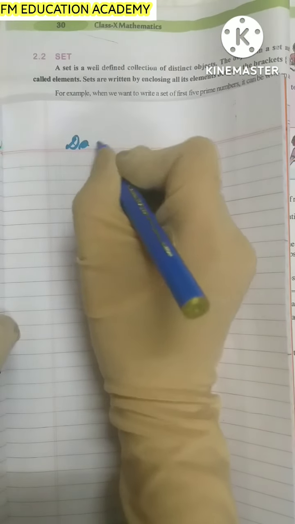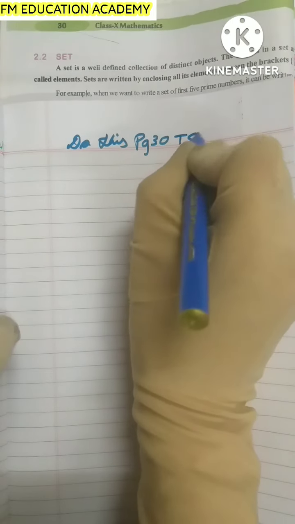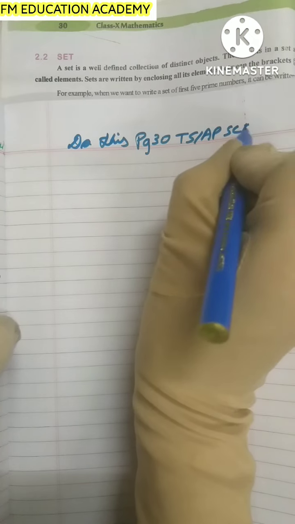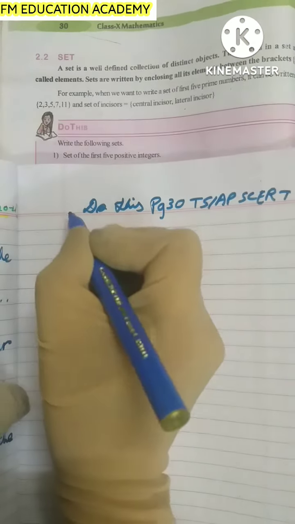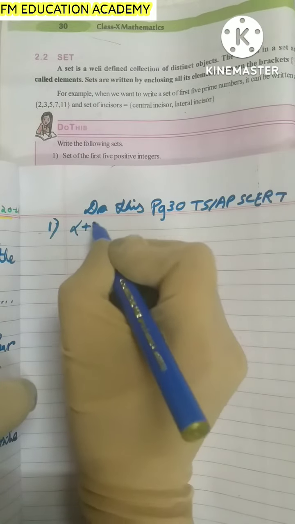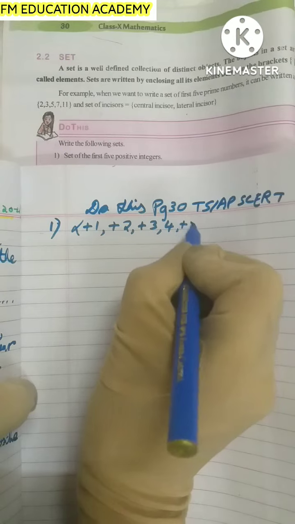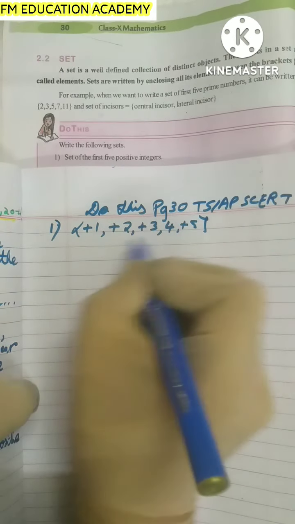This is Do This on page number 30 from the TS and AP SCERT textbook. So the first one, the set of first 5 positive integers, means plus 1, plus 2, plus 3, plus 4 and plus 5. I have written this in curly brackets.